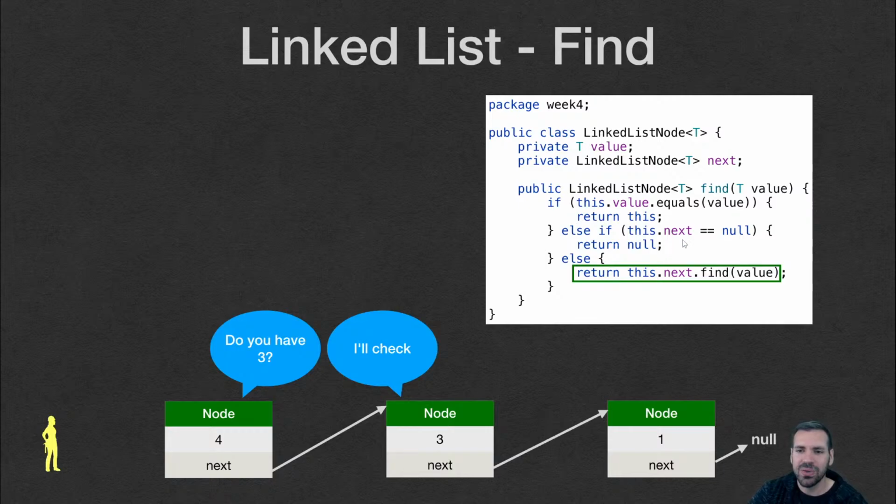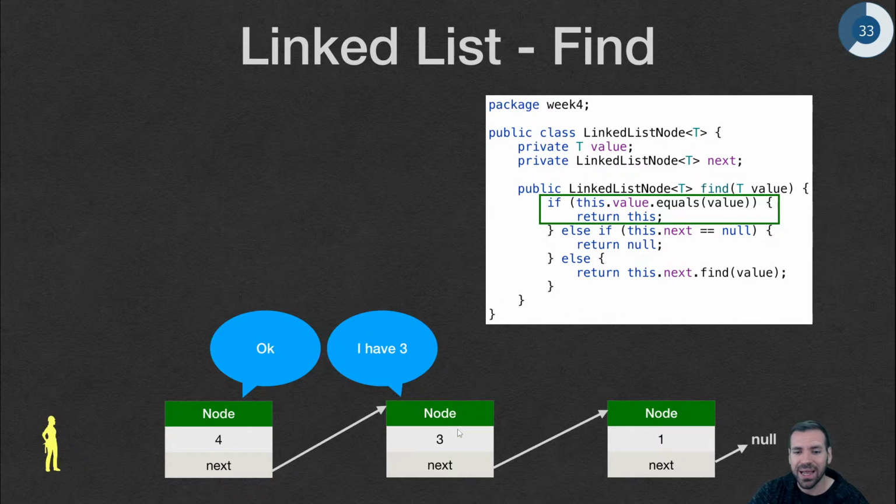So we're going to skip to this dot next equals null, which is false. So we do have another node. So we're going to move over to that node, make the recursive call, and say, hey, next node, do you have the value 3? It's going to check and say, yeah, I got 3. And it's going to return this, which in this stack frame, this is a reference to this node. So this node returns itself effectively.